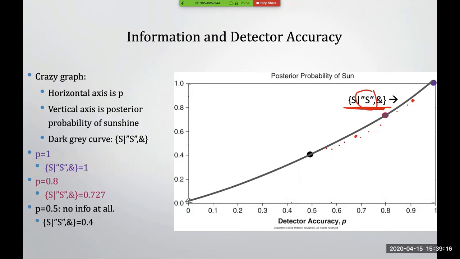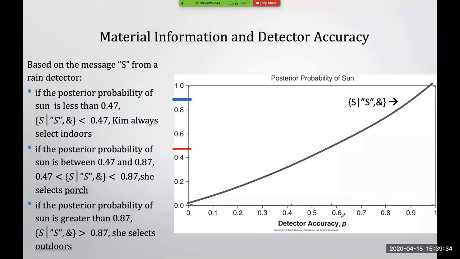So that's what this dark gray curve is about. As a matter of fact, we can now use this curve to figure out what kind of accuracy will have the potential to change Kim's decision when that detector gives a message of a sunny day.